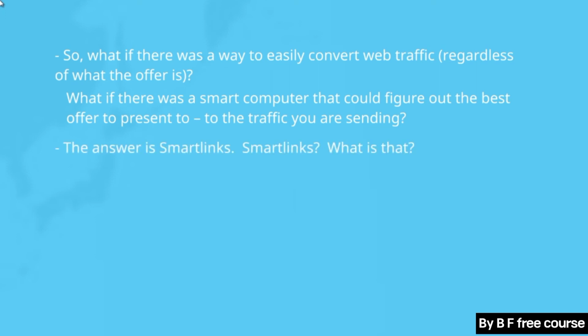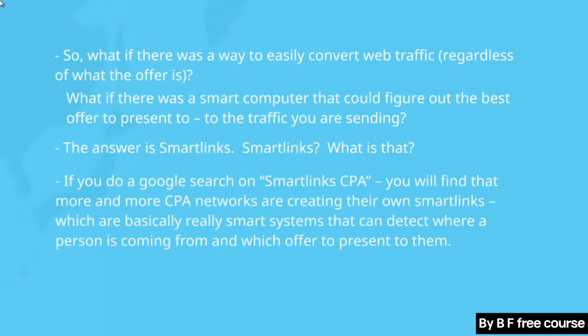And this is what we call smart links. Smart links. Okay, what is a smart link? Now, if you do a Google search on smart links CPA, you will find that more and more CPA networks are creating their own smart link system, which is basically a really, really smart system that can figure out where the person is coming from and which offer to present them.